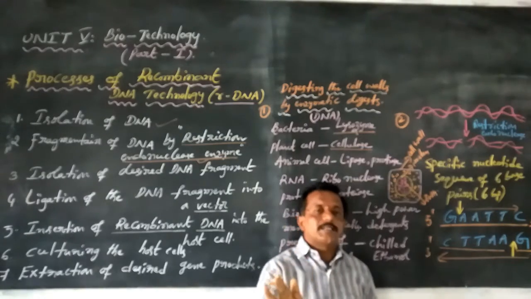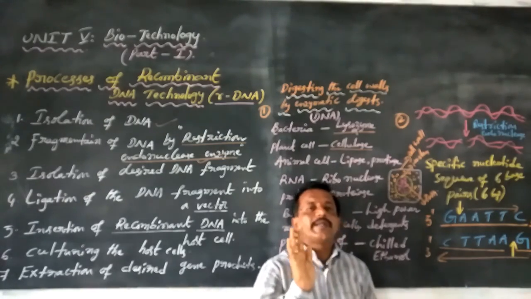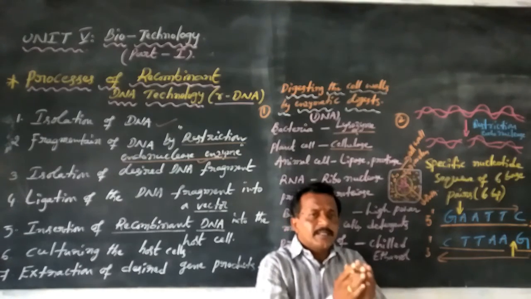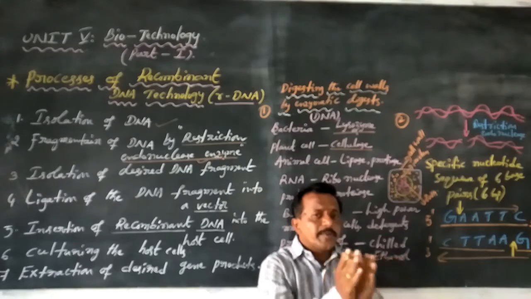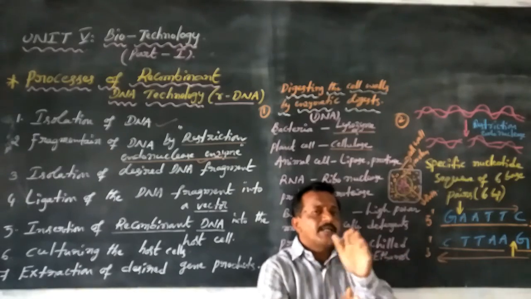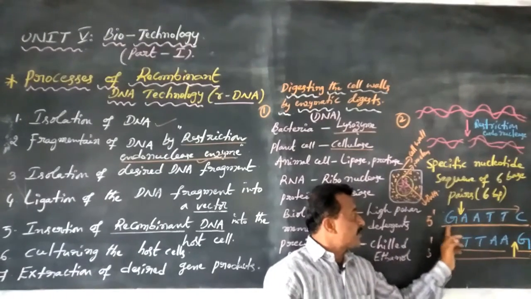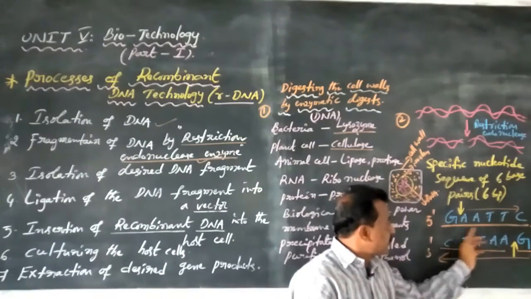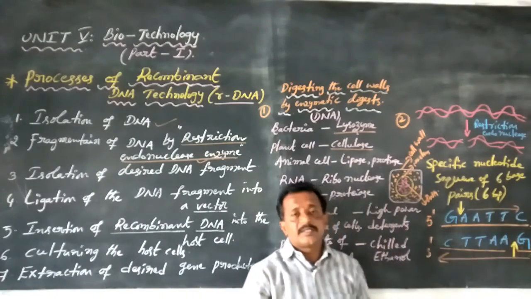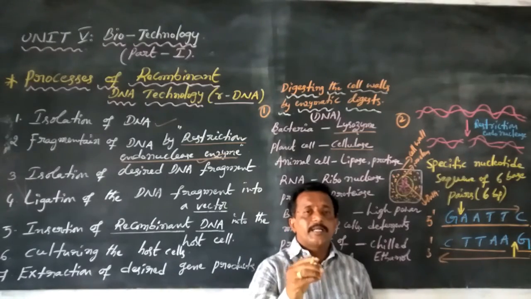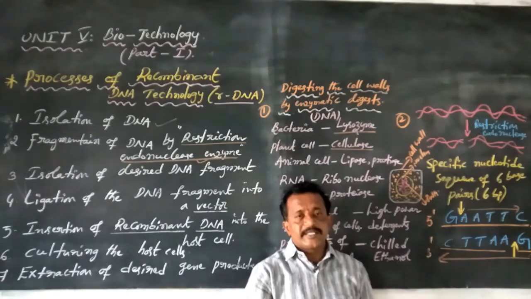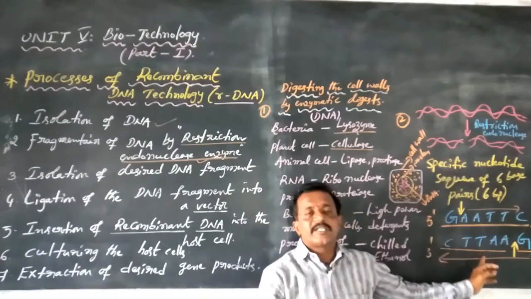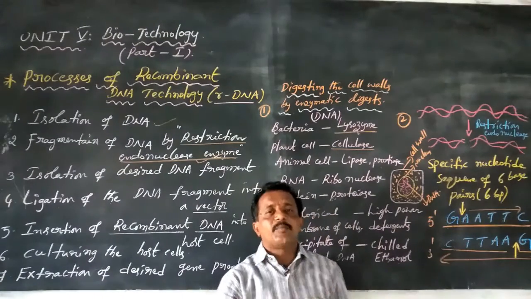At this point the DNA is separated, leaving one small strand and one large strand, and again a large strand and a small strand. These strands appear as single strands, and they are known as sticky ends or blunt ends.